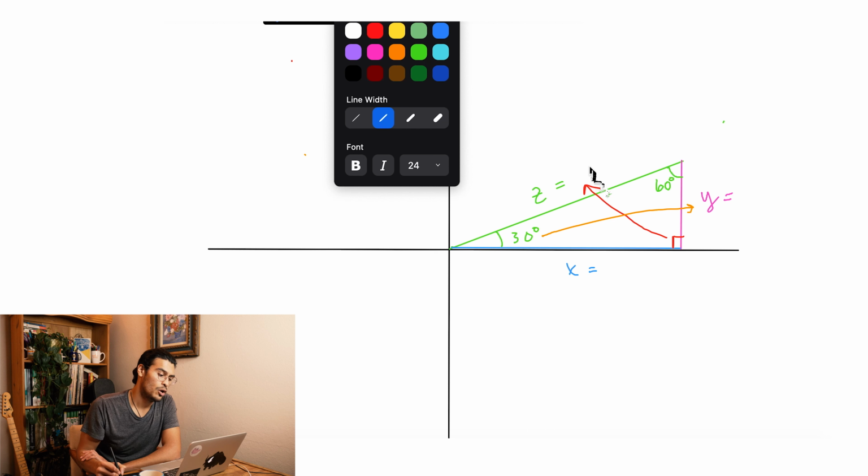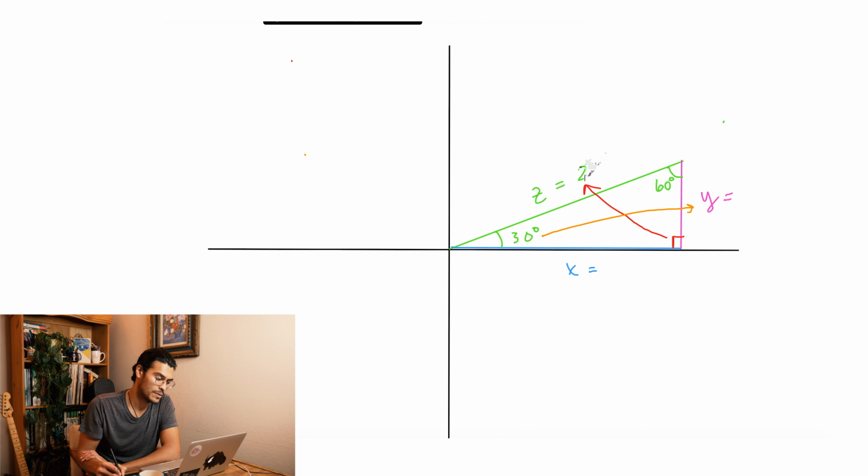So let's say instead, what if I gave you this information? What if I said we're going to start with a z, or a hypotenuse side. We have a 30, 60, 90 triangle, and we have a z that is 22. The first thing I might do is come down here and redraw a 30, 60, 90 triangle, just loosely, and draw my proportions.